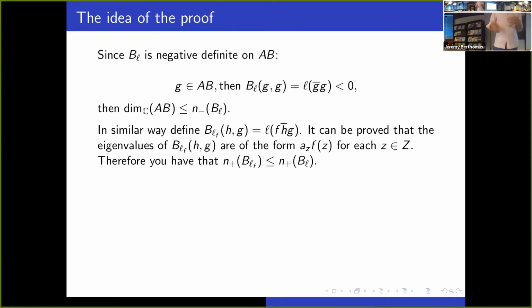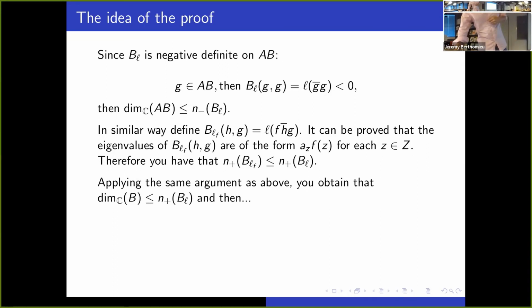In a similar way, we define BL of F. It's very similar, this bilinear form, and it can be proved that the eigenvalues of BLF are of the form these weights times F of Z, the value of F at each Z in Z. And therefore the positive signature of BL is less than or equal to the positive signature of BLF.